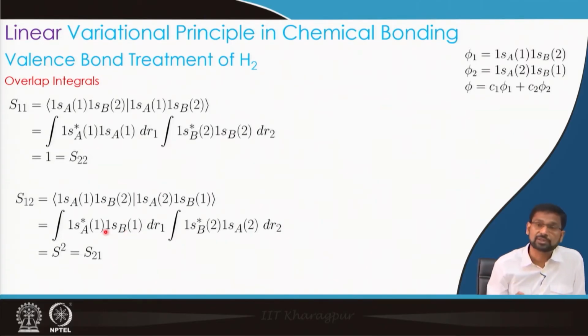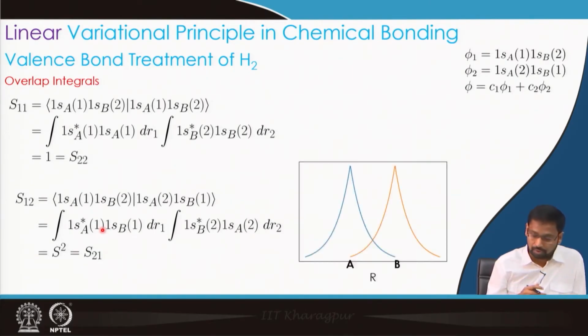So, this overlap integral will become 0. When the two atoms come closer to each other, this overlap integral will become larger and larger, and in those imaginary situations, when I put both atoms on top of each other, 1sA and 1sB would simply coincide. So, they will become the function of the same fictitious system. So, that overlap can become 1.